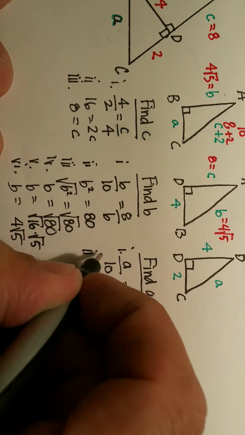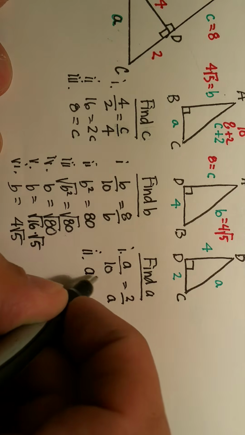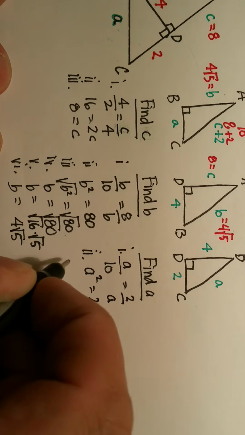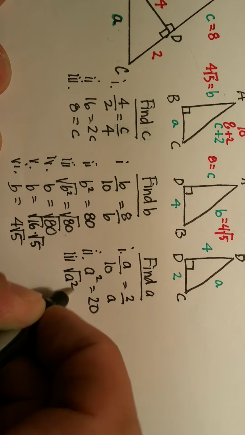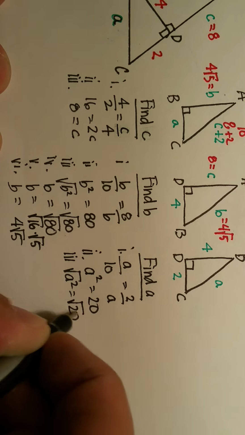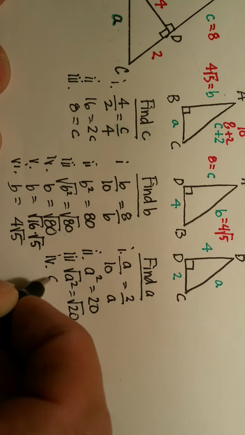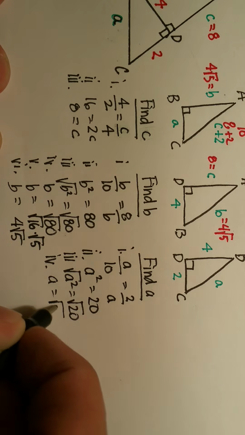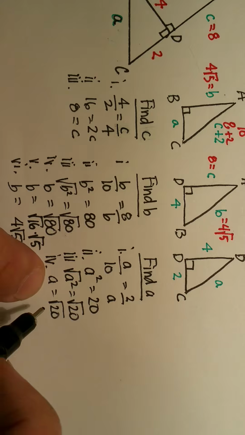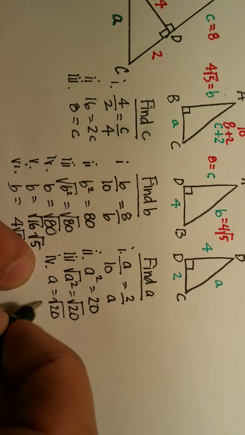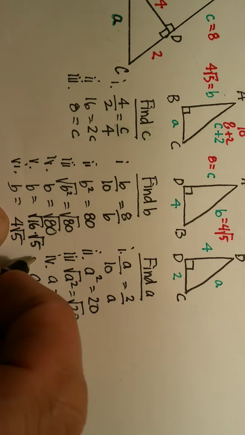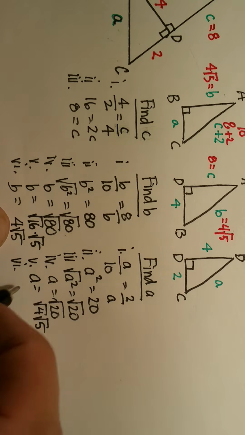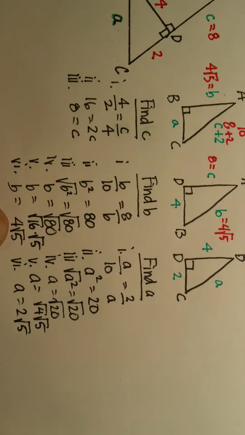Solve for A. Cross products. Square root of both sides. A is equal to radical 20. Perfect square in here is 4, so this will be radical 4 times radical 5. That gives me A is equal to 2 radical 5.